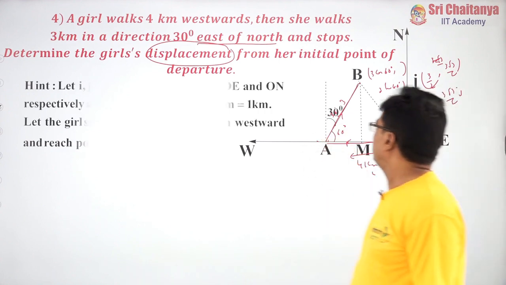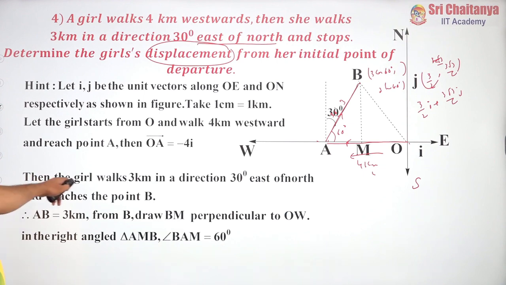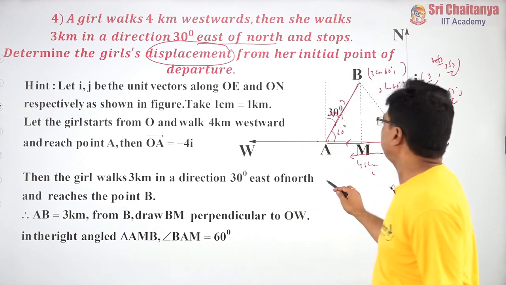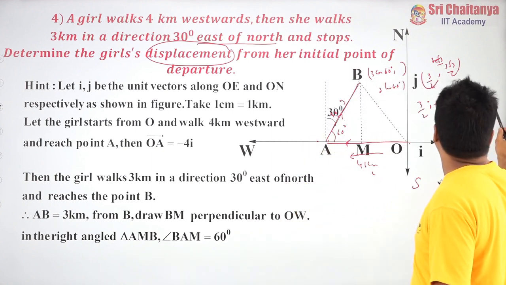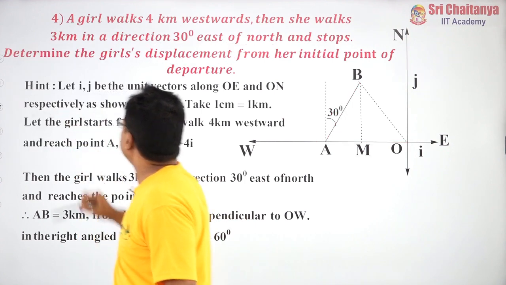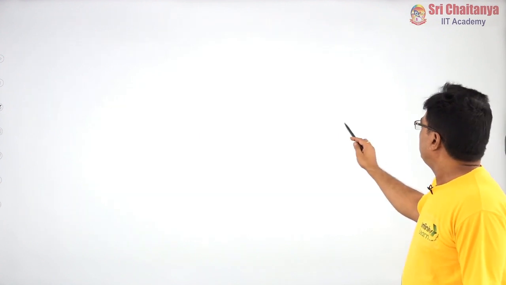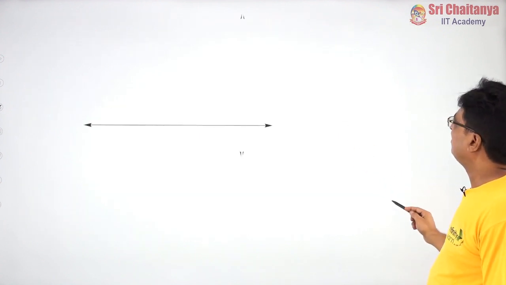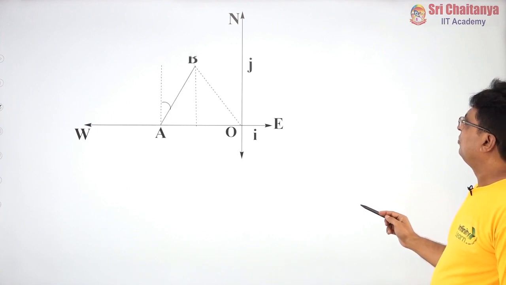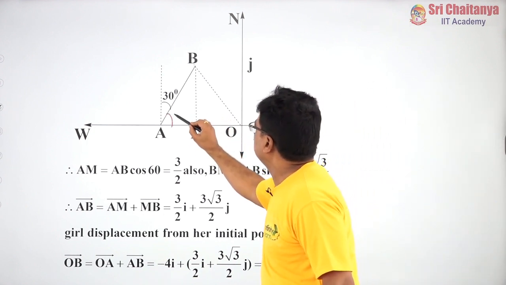See, the same thing I am solving here. OA bar is equal to minus 4i. The girl walks 3 kilometers in a direction of 30 degrees east of north. This is the thing given. And AB is equal to 3 kilometers. Draw this one, and this is the angle. This is 60 degrees.